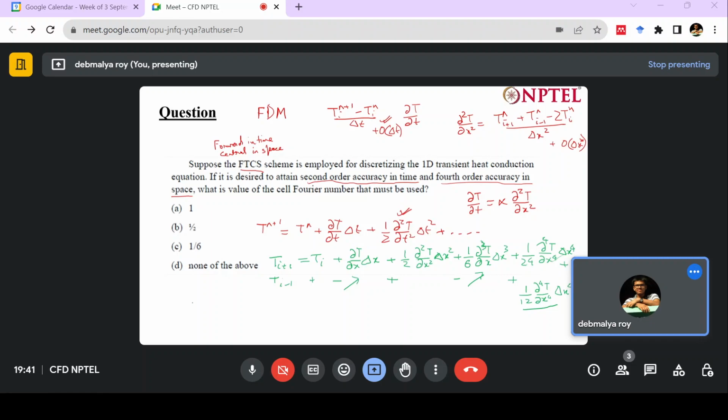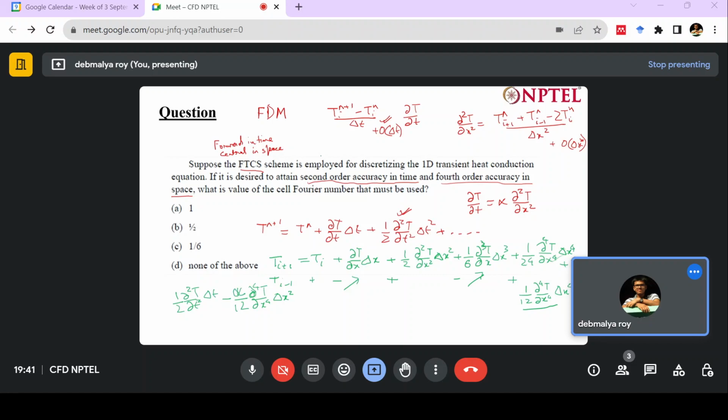So let's evaluate what we have got. So what we have got is half del square T by del t square delta t, and we have minus del to the power 4 T by del x to the power 4 delta x square, and there will be an alpha here.